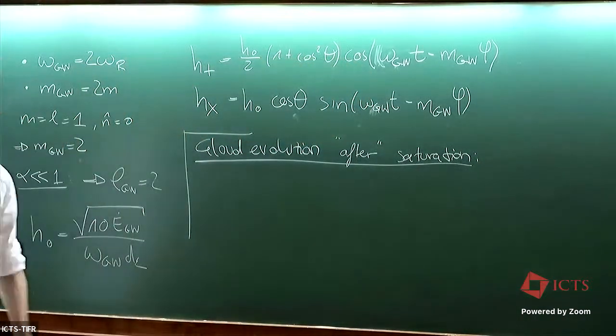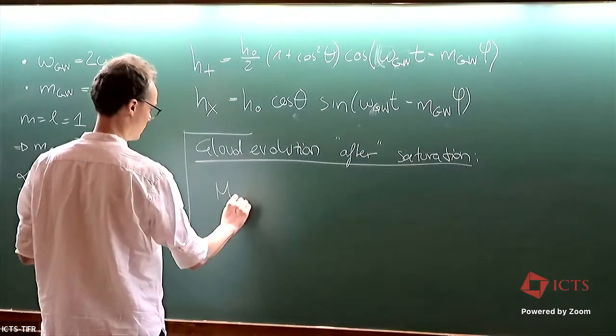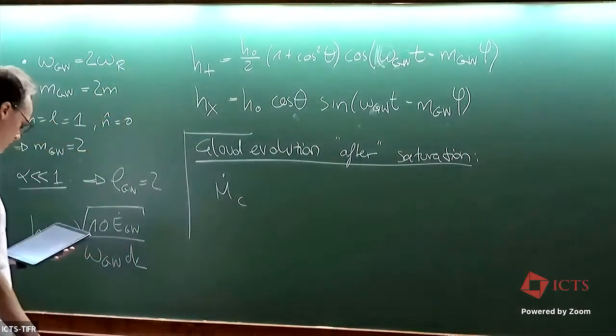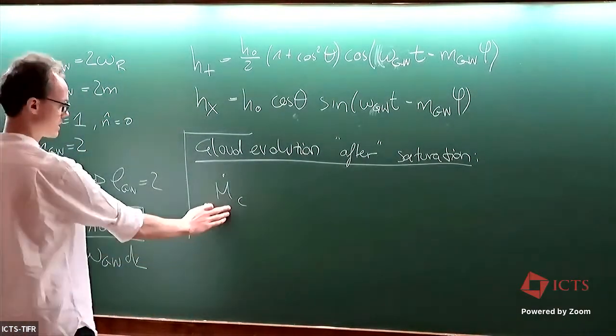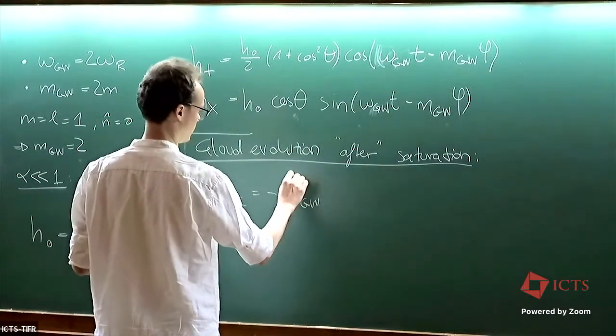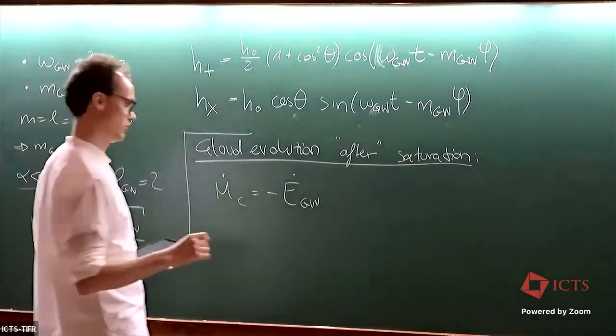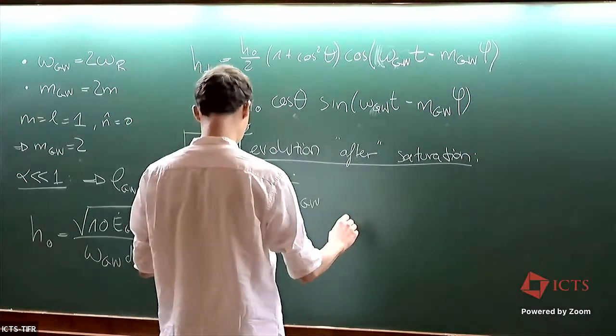So we can write down a simple evolution equation for the mass of the cloud in terms of the gravitational wave energy flux. The assumption is simply that the change in mass of the superradiance cloud is purely due to the emission of gravitational waves to infinity. This is basically just energy balance: there is some finite mass in the cloud and everything gets emitted into gravitational waves.